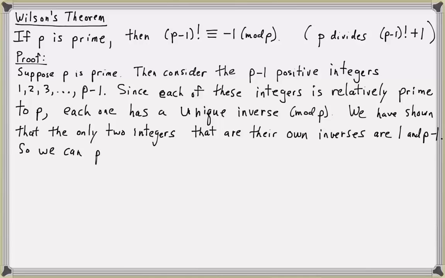So we can pair up the integers 2 through p minus 2, and we're going to multiply each one together with its inverse.